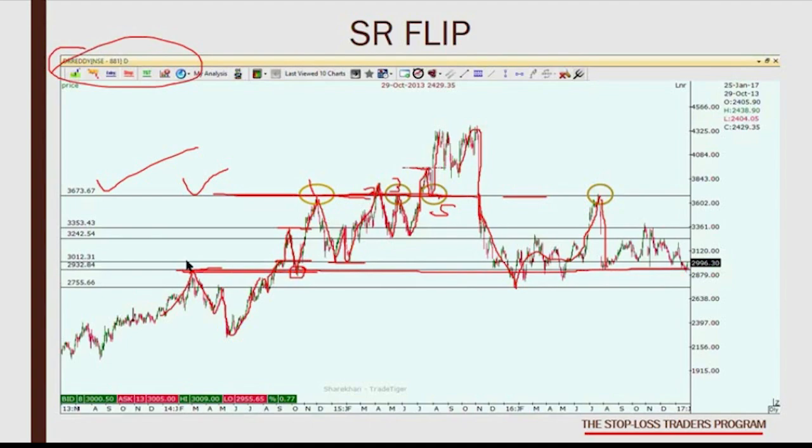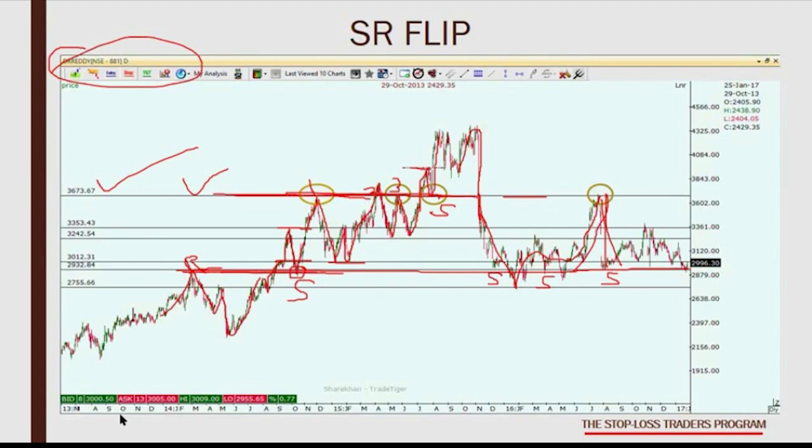So the more price hits SR, meaning support or resistance, the more it consumes all the orders placed in that particular area, right? So it is important to judge how many times the SR has been tested. Tested means the SR has been touched.